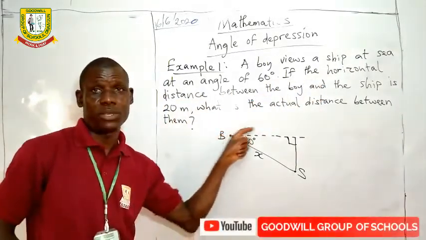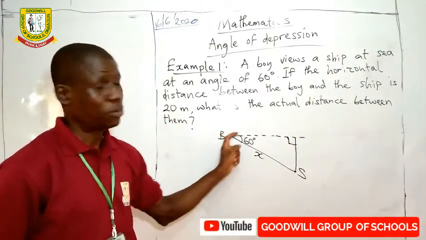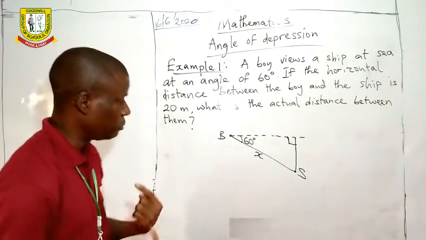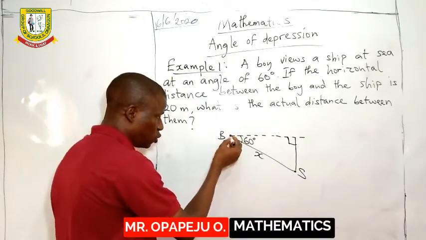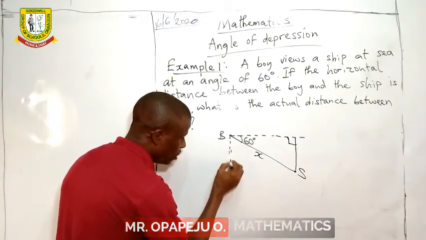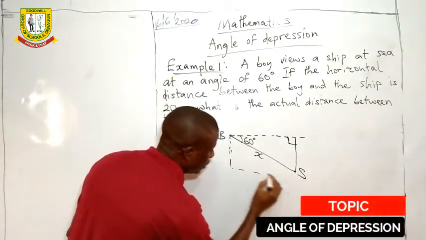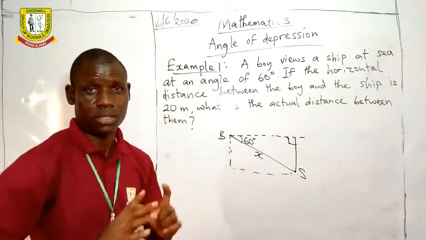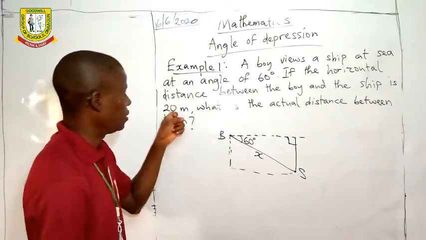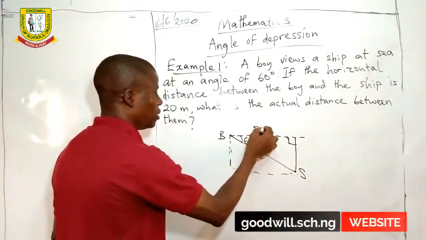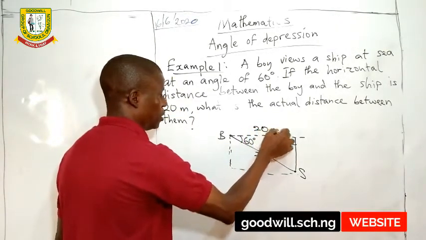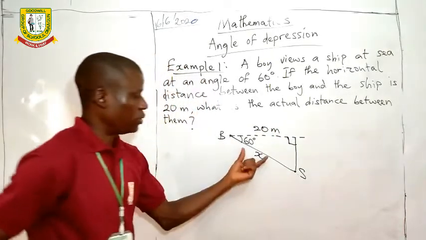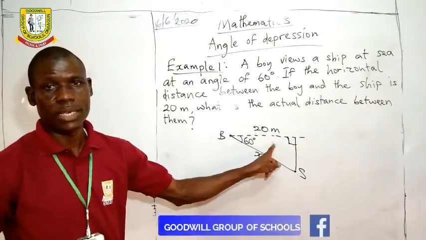This is where we have a horizontal line here. So that will give us the horizontal distance between the boy and the ship. Or if you assume that, coming to the level of the ship, the distance here and the distance here will give us the same value, and that is what we are given in the question, 20 meters. So we're looking for x. This is a right angle triangle.